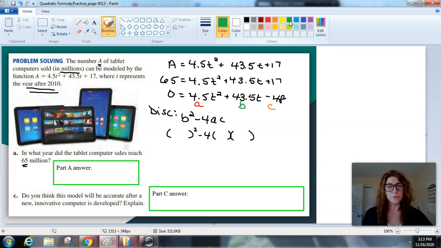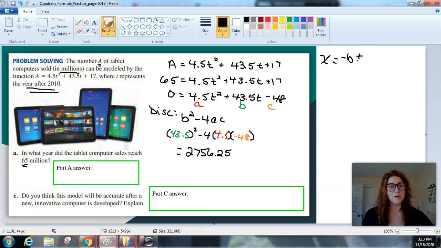And since this is a word problem, I'm going to calculate whatever it ends up being and round it to 2 decimals if needed. This is going to come out to 2,756.25. So that's just my discriminant.